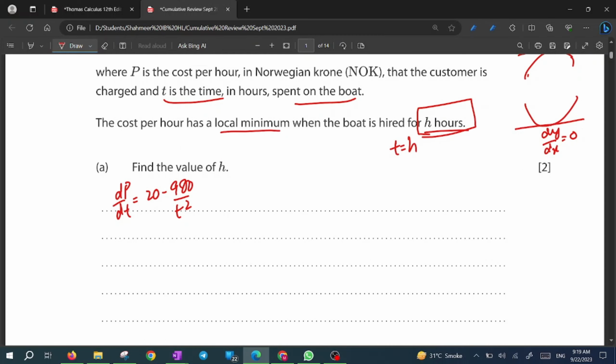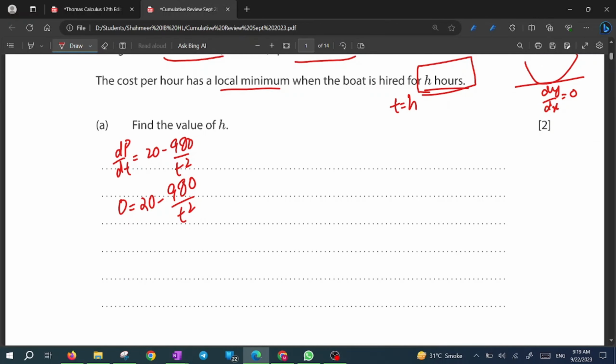For the local minimum, we put dP/dt equal to 0, so 20 - 980/t² = 0. Move the second term to the right side, and we get 980/t² = 20.